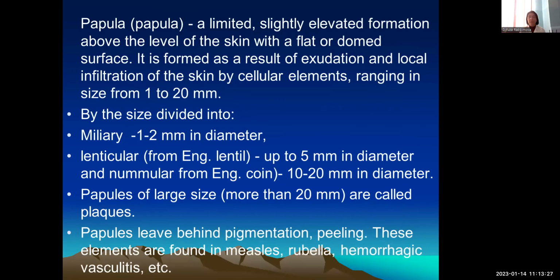Papule, a limited, slightly elevated formation above the level of the skin with a flat or domed surface. It is formed as a result of exudation and local infiltration of the skin by cellular elements, ranging in size from 1 to 20 millimeters. By size, divided into miliary, 1 to 2 millimeters in diameter, lenticular, up to 5 millimeters, nummular, 10 to 20 millimeters, and papules of large size, more than 20 millimeters, called plaques.